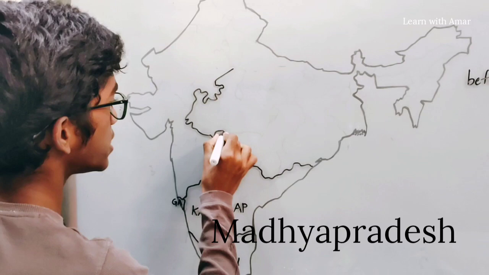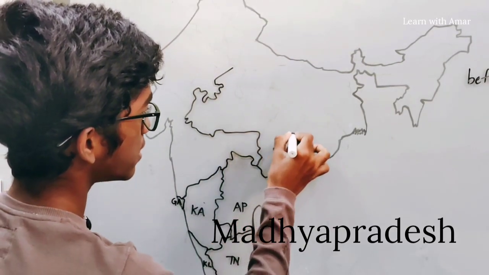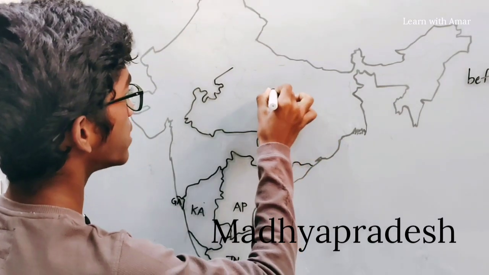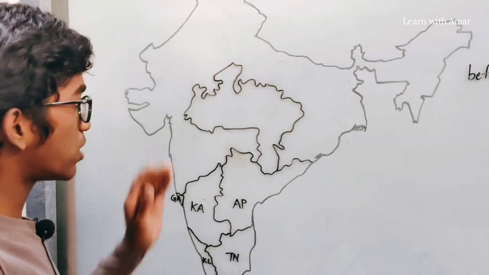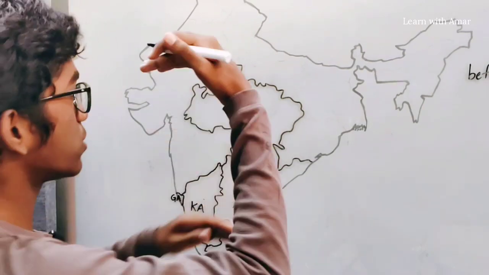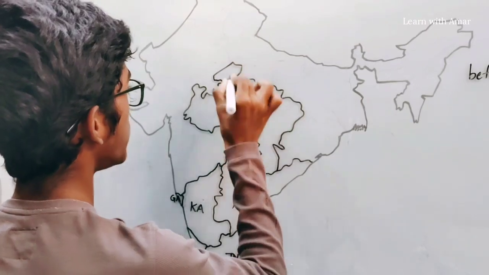This is Madhya Pradesh. Its name itself suggests that it is the central state of India. The borders are already drawn, and I am drawing over the borders to get a clear idea. So this is Madhya Pradesh, MP.